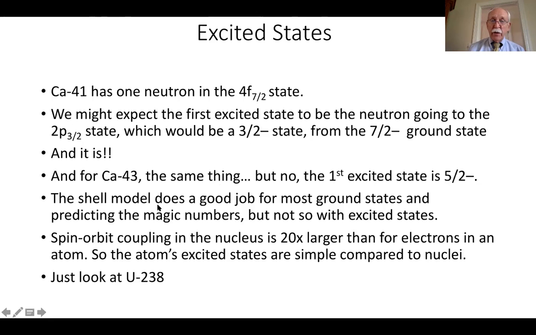So the shell model does a good job for most ground states in predicting the magic numbers, but not much success can be had for excited states. That's because the spin-orbit coupling in the nucleus is 20 times bigger than it was for the electrons, where it was just a small change.